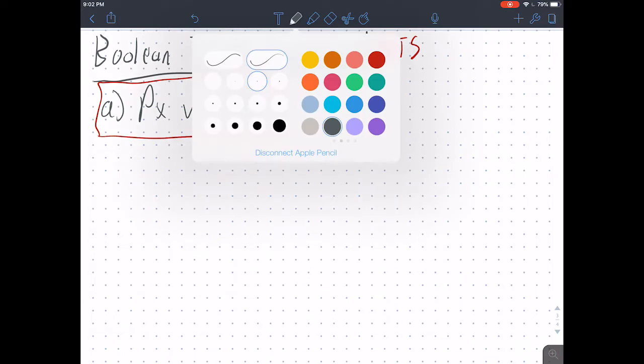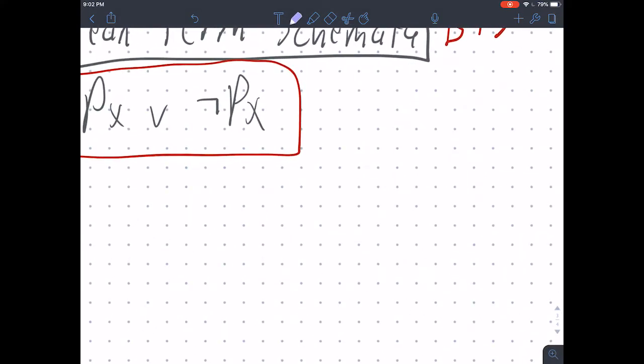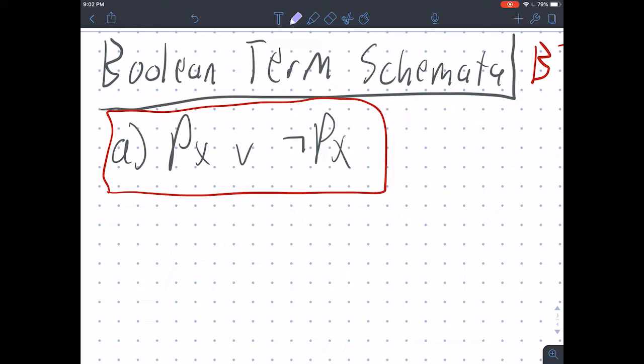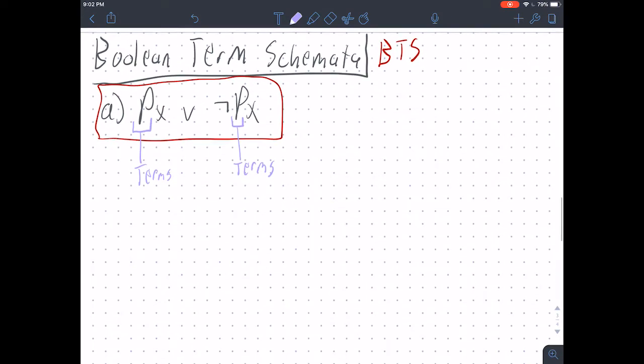Just like in term logic last chapter, the capital letters stand for terms. They're the same sort of terms that you ran into when you were doing your Venn diagrams.